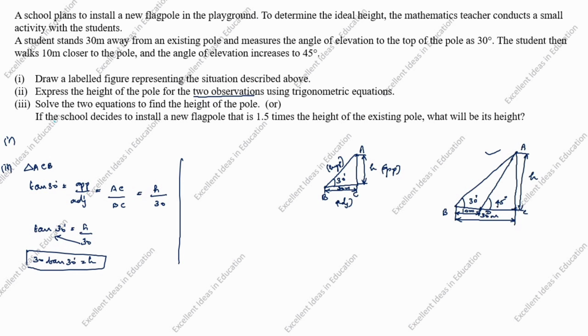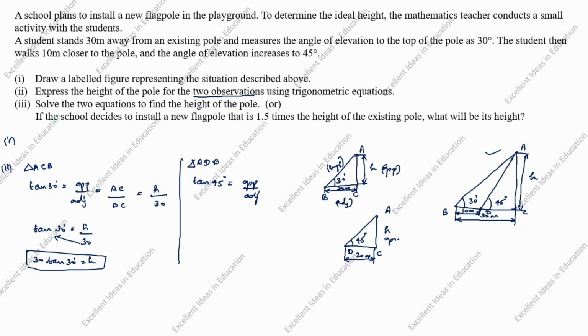Next, draw 45 degrees here. DCA. This is H. This value is 20 meters. This is 10, right? 30 minus 10, 20 meters. Next, triangle ADB. Tan 45 degrees equals opposite by adjacent.